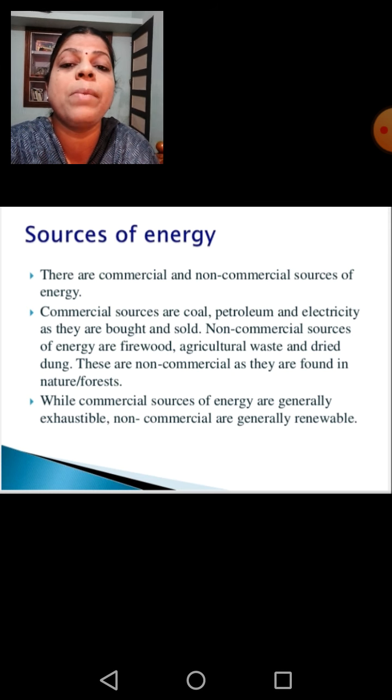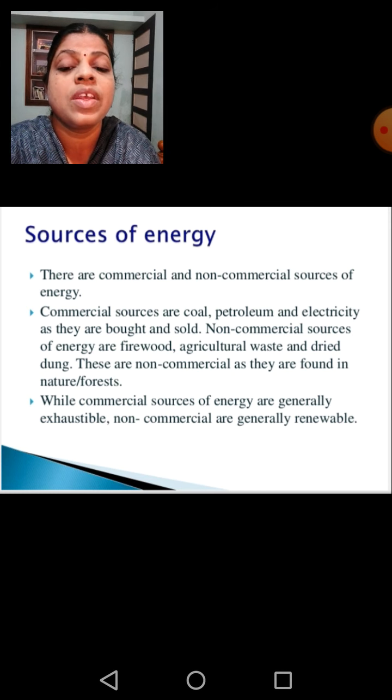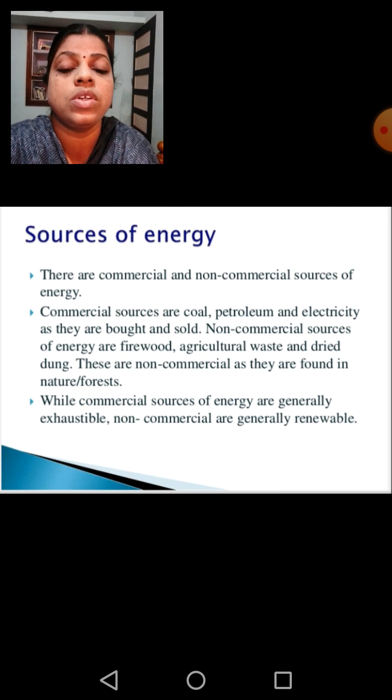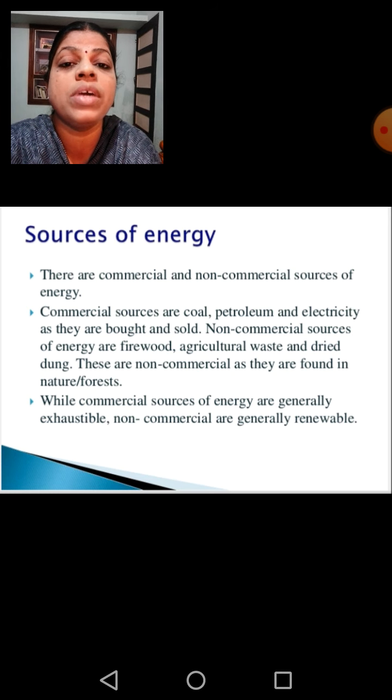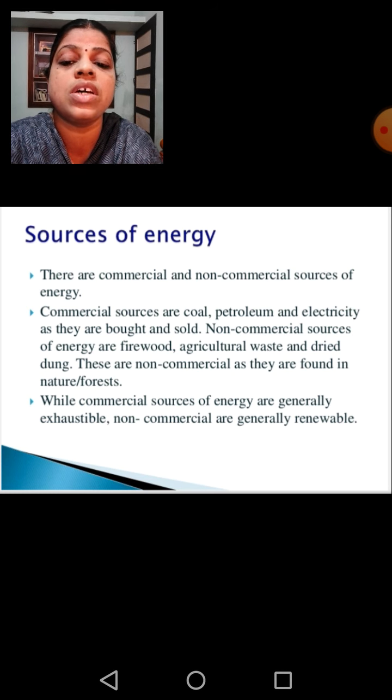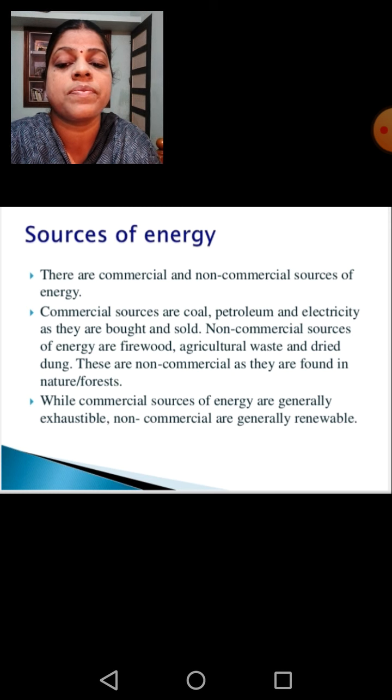And which are the commercial sources? Yes, that is coal, petroleum and electricity, as they are bought and sold. And which are the non-commercial sources of energy? Firewood, agricultural waste and dried dung. These are all non-commercial as they are found in nature or in the forest.